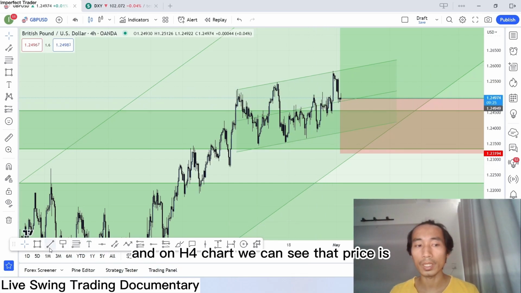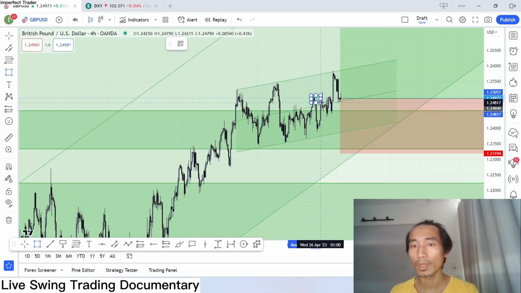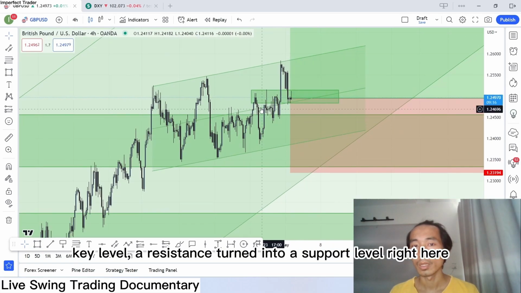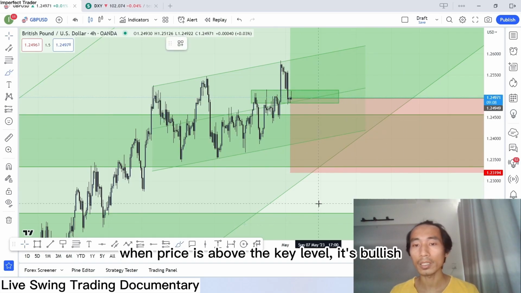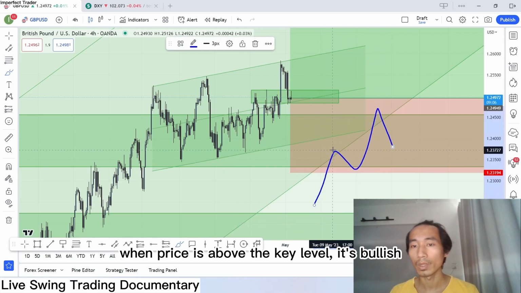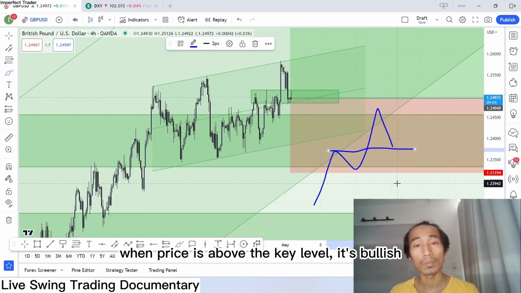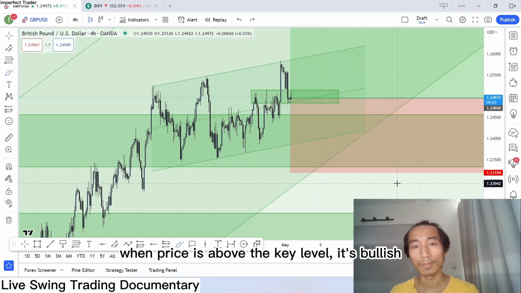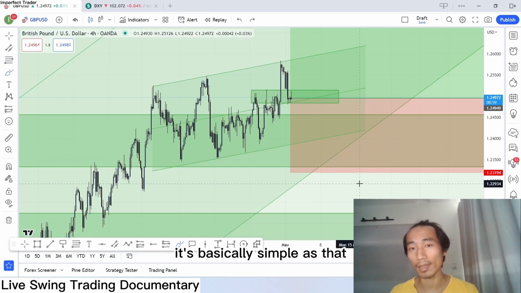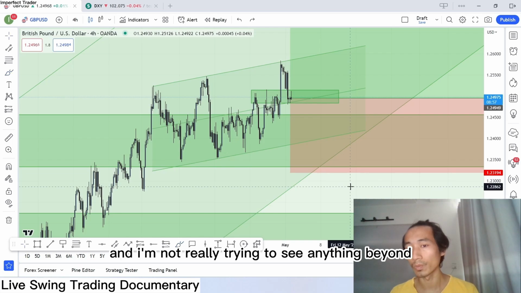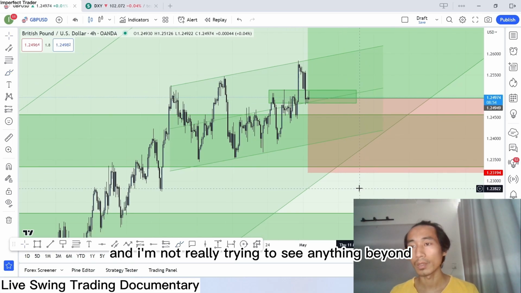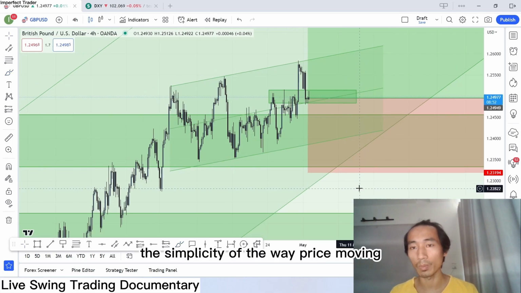And on the 4-hour chart, we have a major level, resistance turning into a support level right here. So when price is above a key level, it's bullish. It's basically as simple as that.